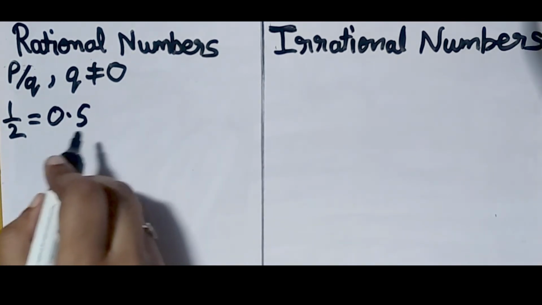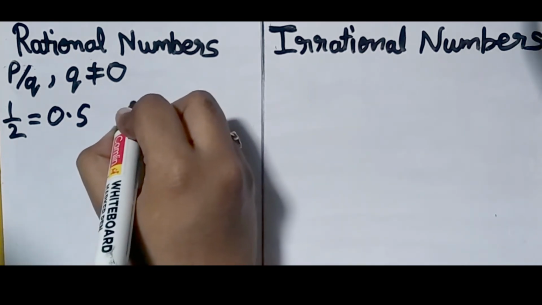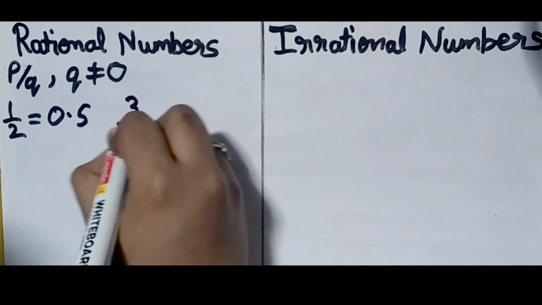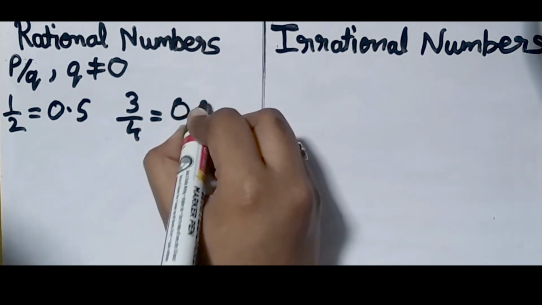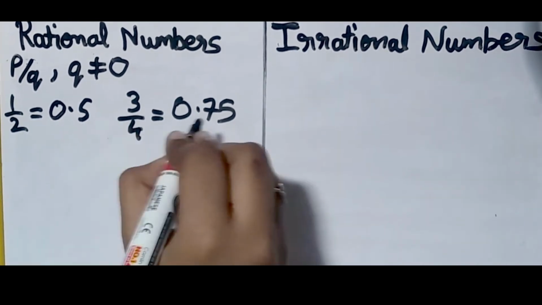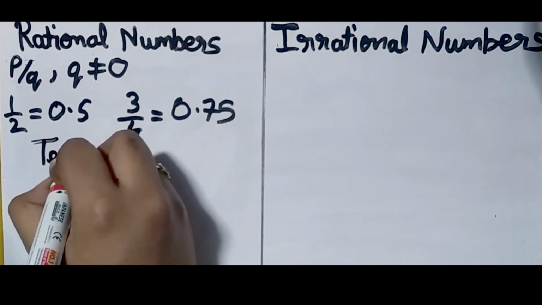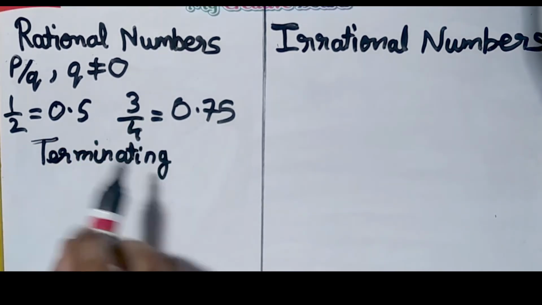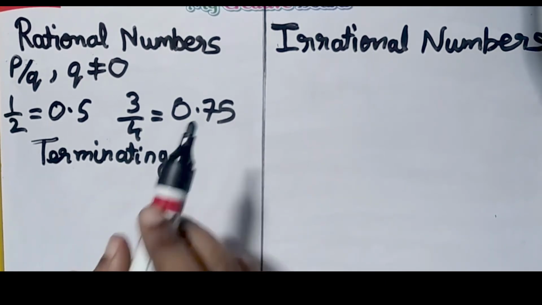After 5 there is no number, it is stopping here. Now one more example, 3 by 4. If we divide this, we will get 0.75. After 5 there is no number. So such numbers are called terminating decimals, because it is stopping after some numbers.